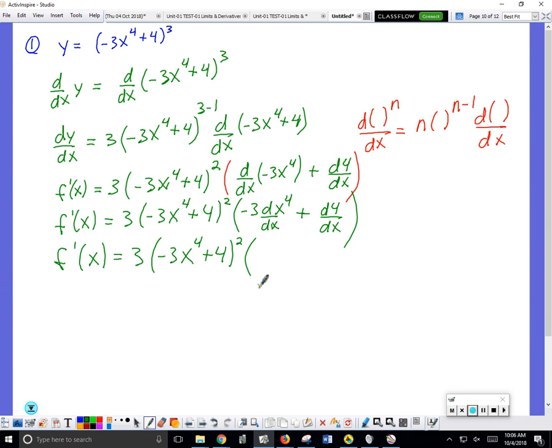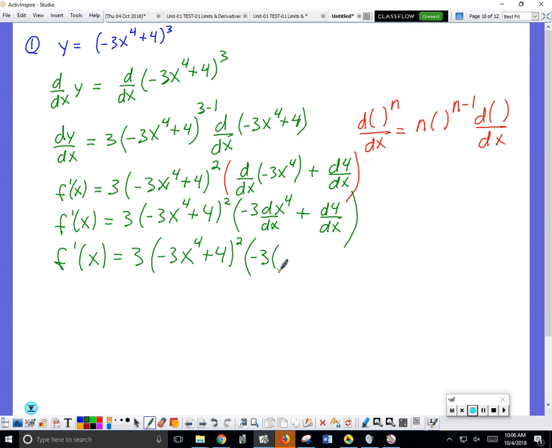So I've got d dx of x to the fourth. You see it there, why I'm using the power rule. Okay, equal means same as. So that means I can replace this with this. So I do. The -3 is still there.